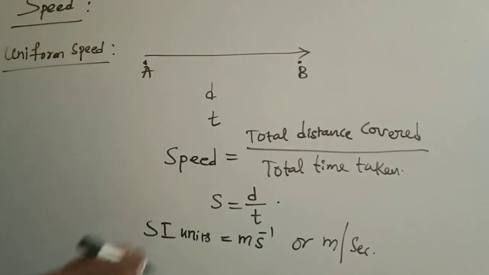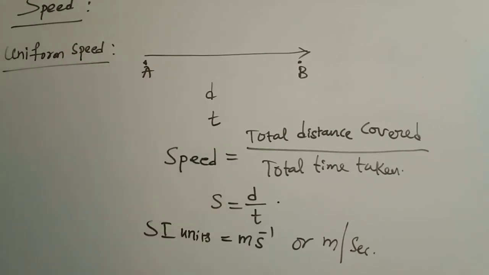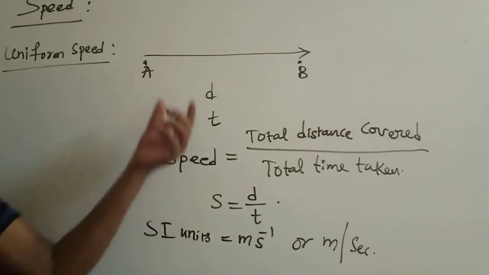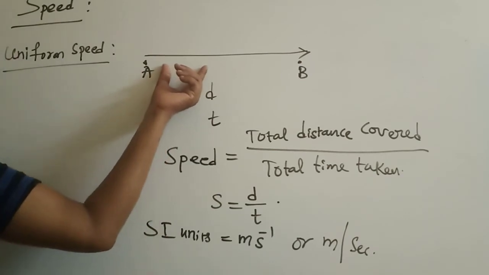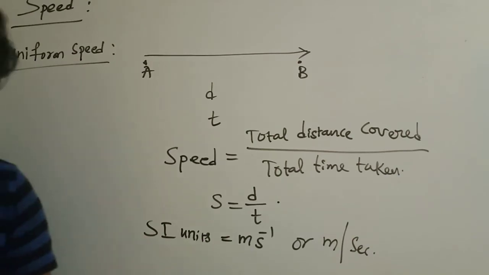A body is said to move with uniform speed if it covers equal distances in equal intervals of time. That means, 5 meters covered in 5 seconds, again 5 meters covered in the next 5 seconds, in such a way.